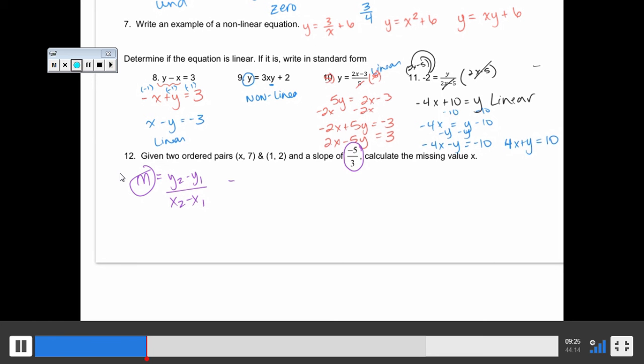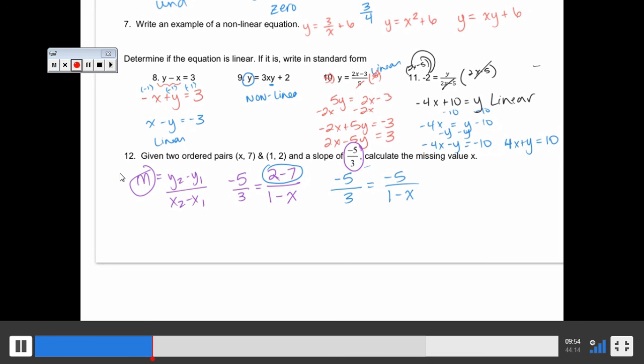So we have negative 5/3 equals, now I'm going to jump to my 2 points, 2 minus 7 over 1 minus x. Now if we treat this like a proportion, and before I do that, I'm going to go ahead and simplify this right here, the 2 minus 7. So I've got negative 5 over 3 equals negative 5 over 1 minus x.